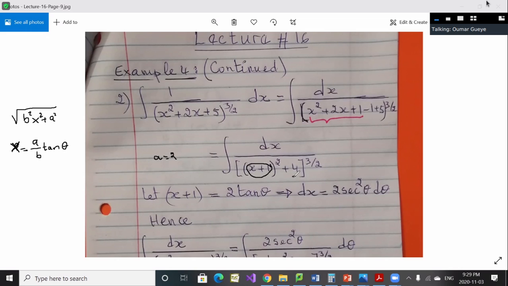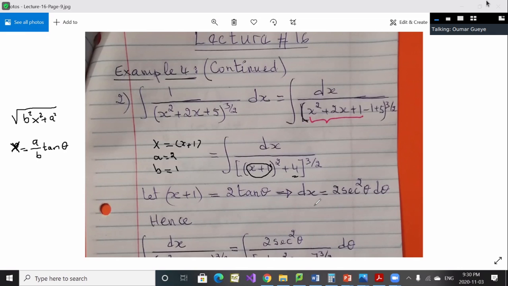And b is equal to 1. And capital X is equal to x plus 1. From this substitution form that we've seen last week, x plus 1 is going to be a, which is 2 over 1, times tan of theta.